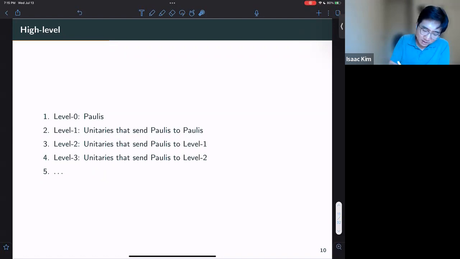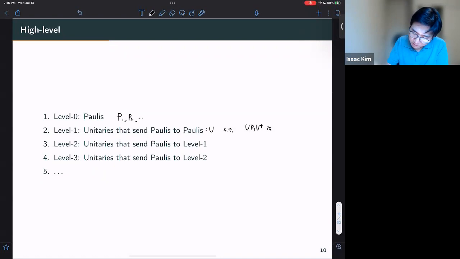Let's call these Paulis P, P1, P2. And then level 1, which are called Cliffords, are basically unitaries U such that U P1 U dagger is a Pauli. So I conjugate a Pauli by this unitary, and then I get a Pauli.